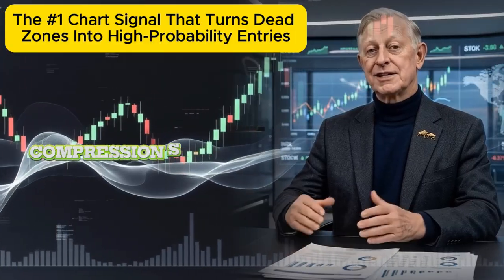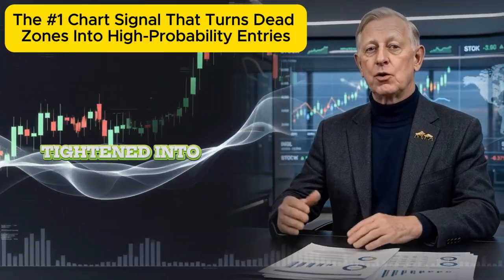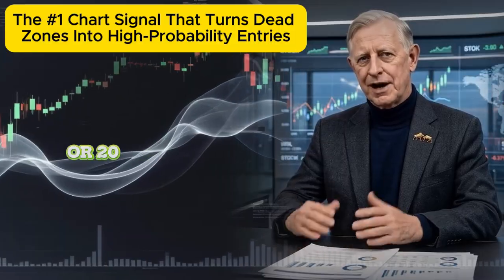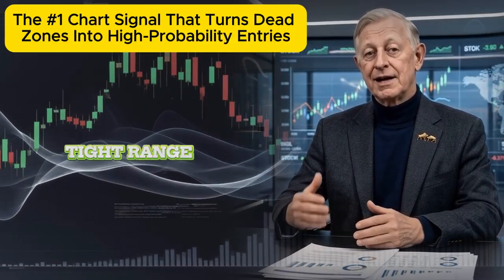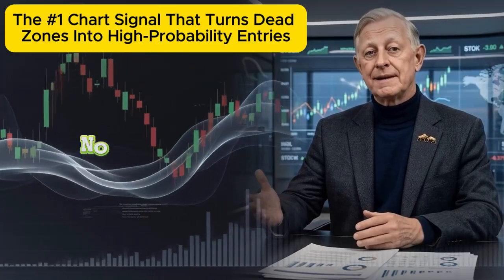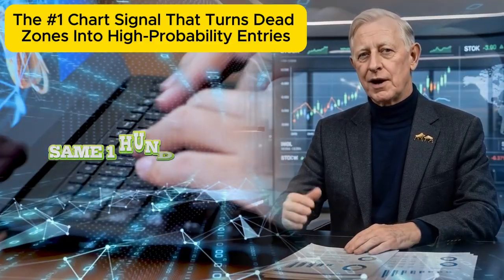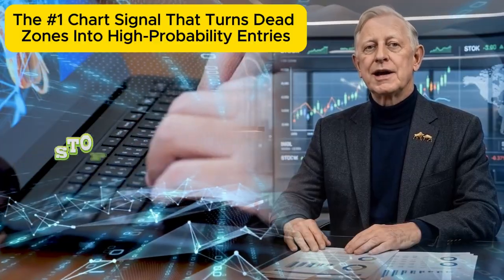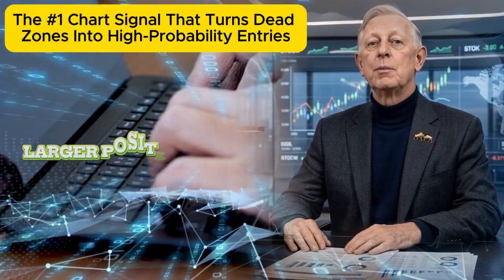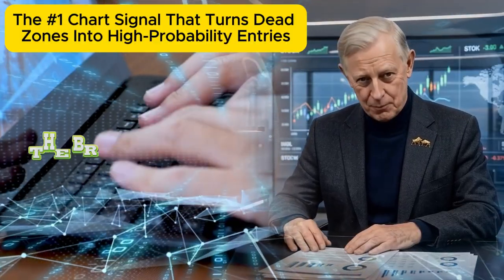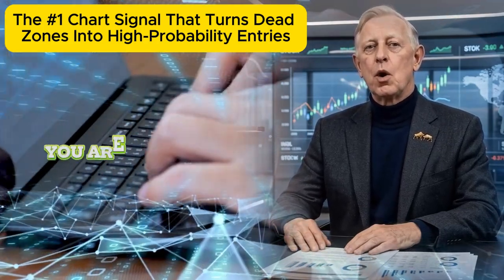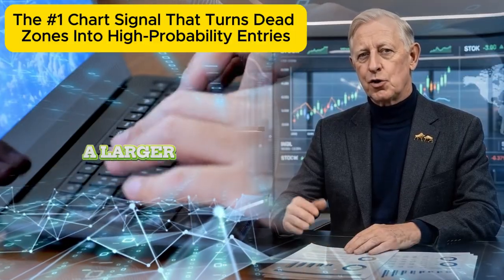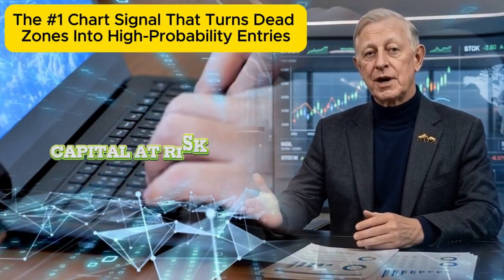But on a compression setup, where price has tightened into a range that is only 15 or 20 points wide, your stop sits on the far side of that tight range, 15 points away, not 50. Same $100 risk, smaller stop distance, which means a larger position size, which means when the breakout runs, as compression breakouts consistently do, you are holding more contracts through a larger move with the same amount of capital at risk.